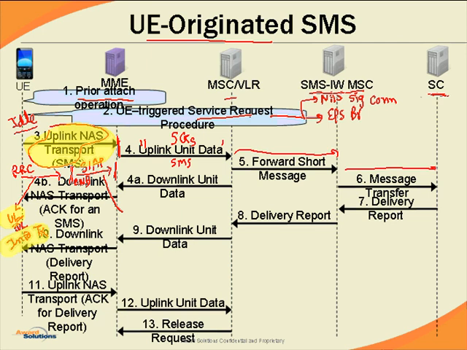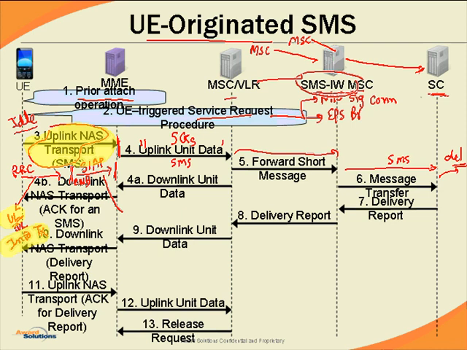The idea behind this is we can have many MSCs talking to the same interworking MSC to simplify the implementation, and then we have connectivity with the SMS service center. So now SMS has found its way to the service center, and it will deliver to the destination, wherever the destination is.